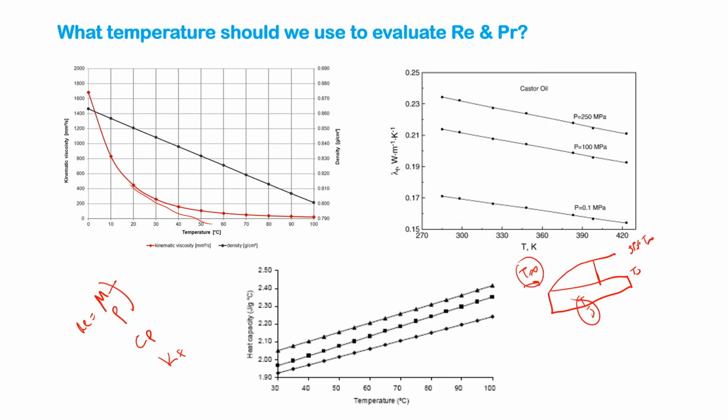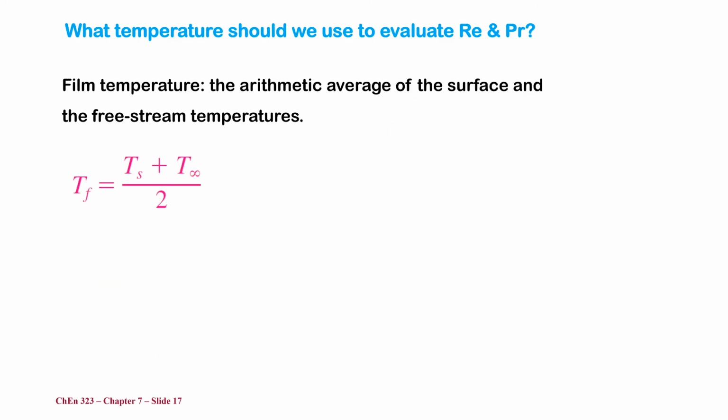Ts or T infinity, or a combination of these? Heat capacity is also a weak function of temperature, but in general they behave mostly linearly in short temperature ranges. And thermal conductivity is also a weak function of temperature.